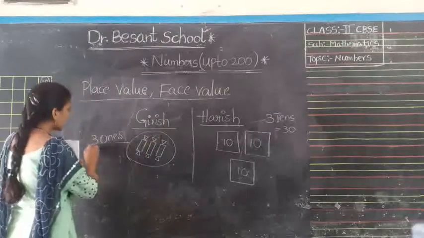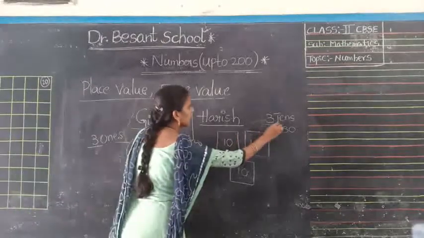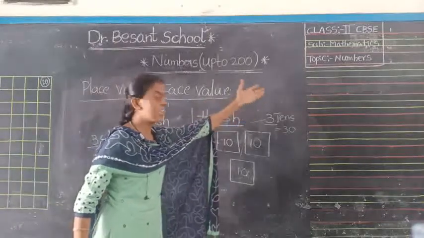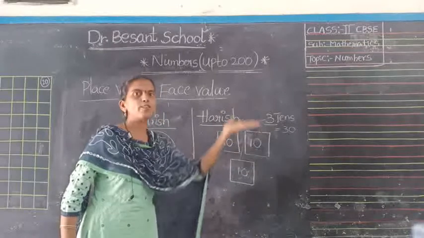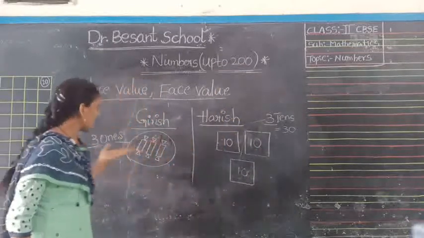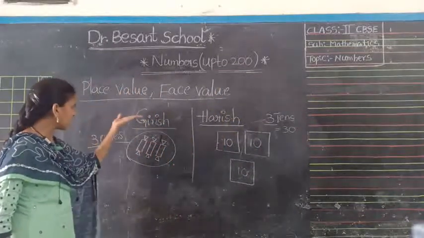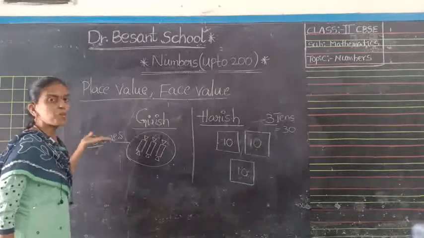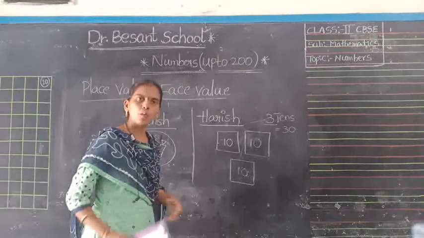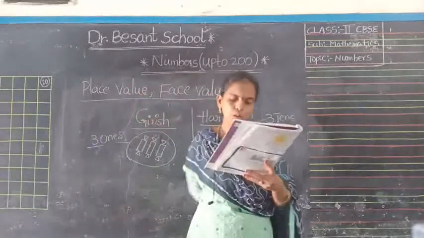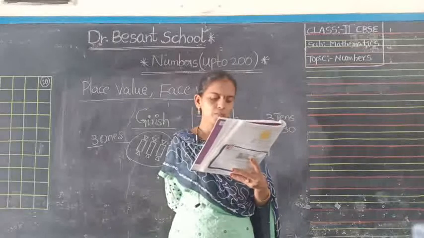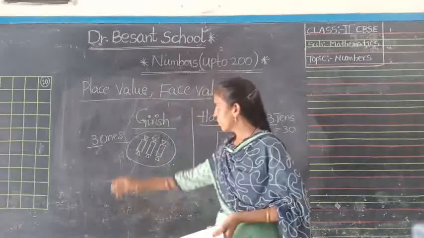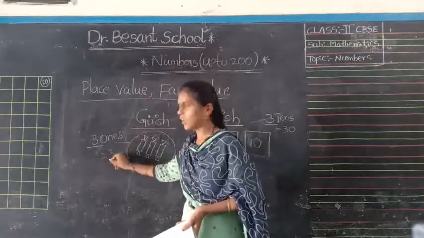That means if you see the number 3 here and the number 3 here, here the 3 is in tens place. The value will be more. Whereas on Girish's side, the number 3 is in ones place. Now go through that studio book, everyone. Girish buys 3 ones or 3 chocolates. 3 ones means how much? 3 only?